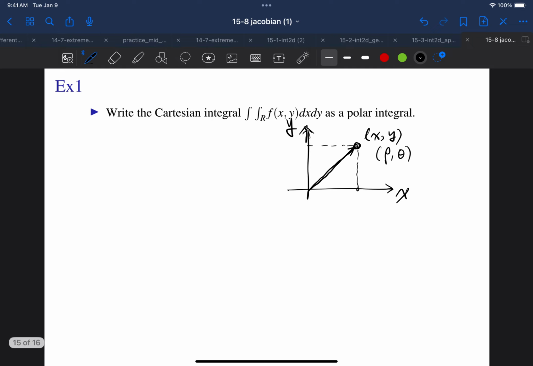Rho means how long this arrow is, and theta means the angle formed between this arrow and the x-axis.